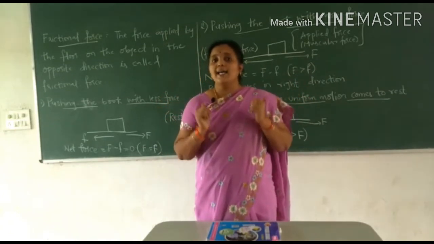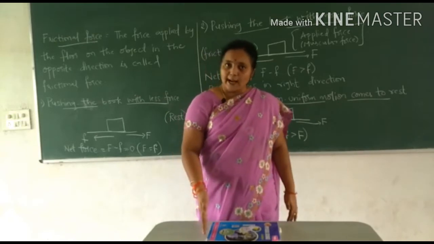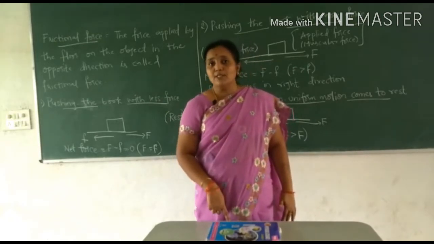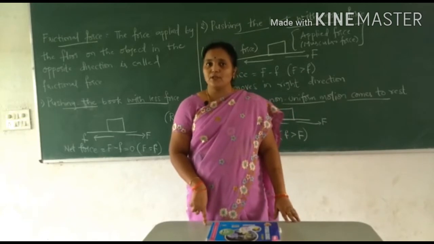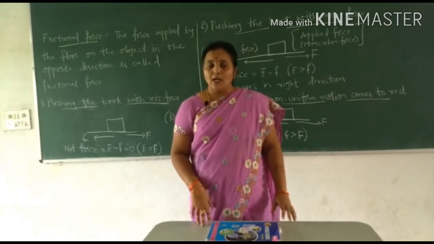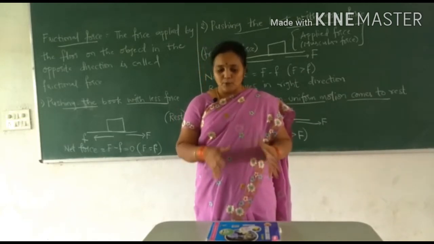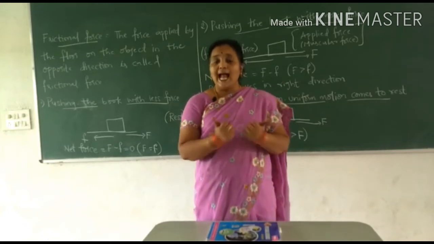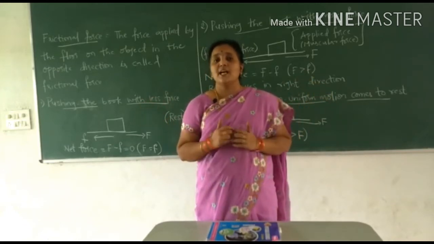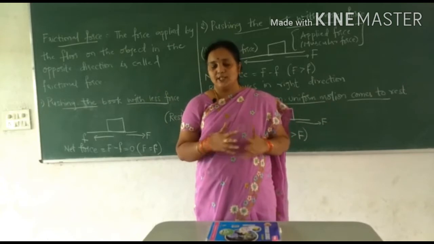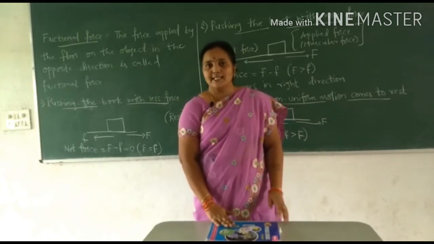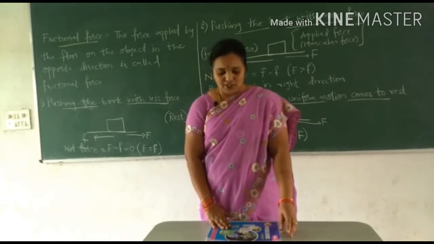And both are equal. That means the force that I applied on the book and the force applied by the surface are both equal. So here, as both forces are equal and in opposite directions, the total net force is 0. That is the reason the book is in the rest position.